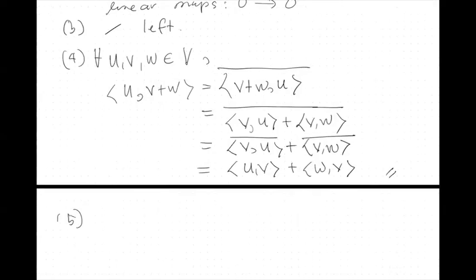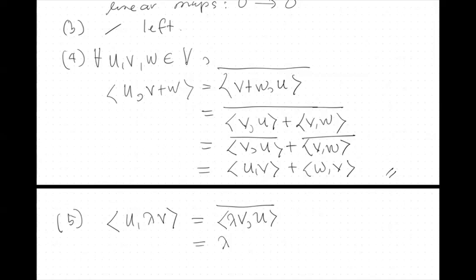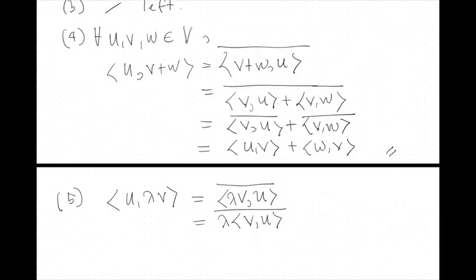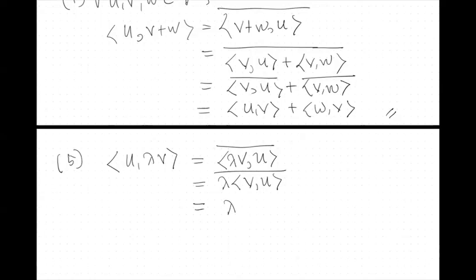And then for number 5, we also use the property from earlier. We invoke first the inner product of lambda v with u. We take lambda out, and then we have the inner product of v and u, conjugated.